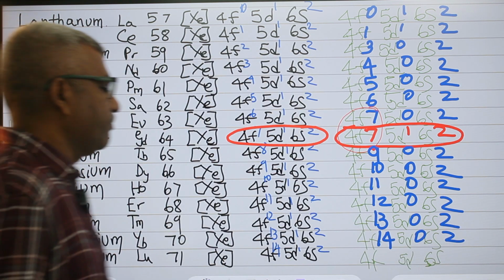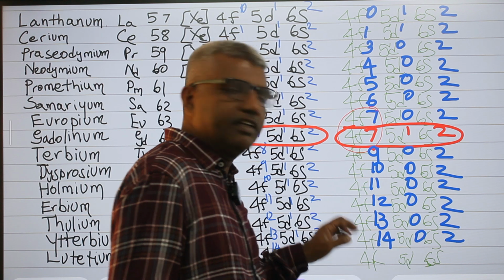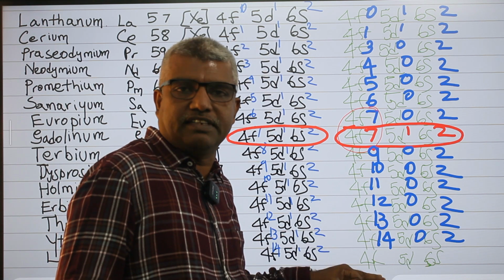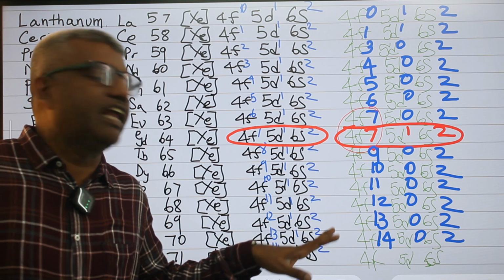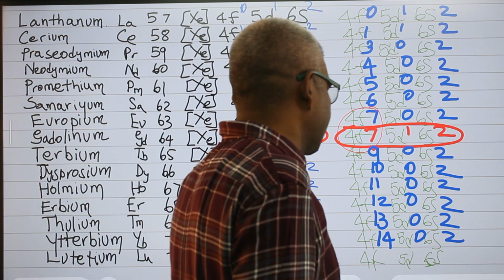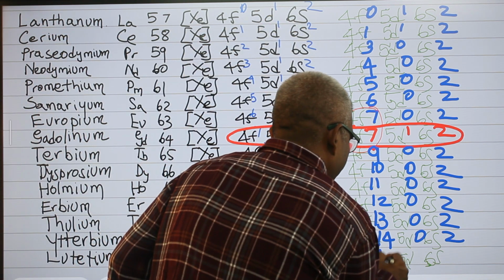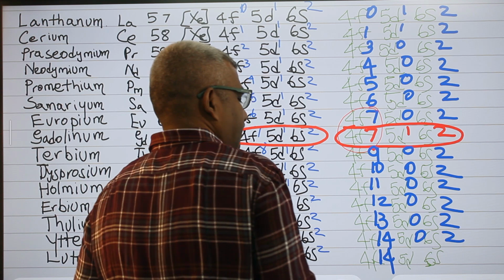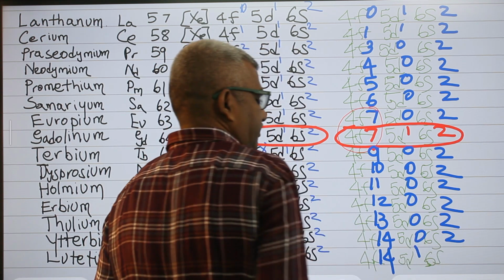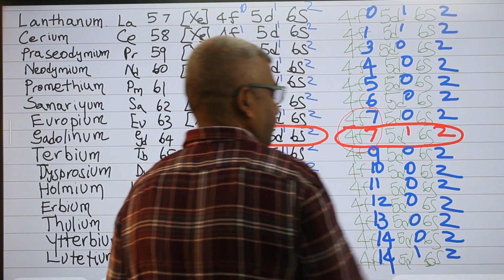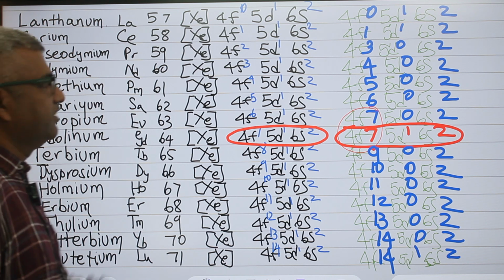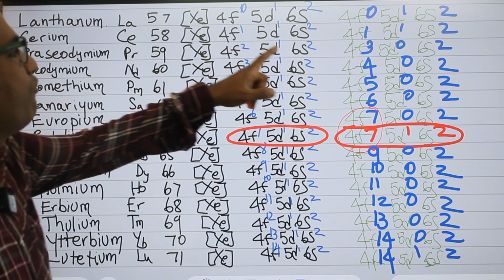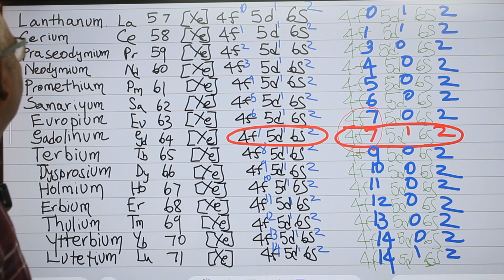Then lutetium, 4f15, not possible. The f orbitals have only 7 orbitals, so it will have a maximum of 14 electrons only. So 4f14, then 5d1, 6s2. Understand?